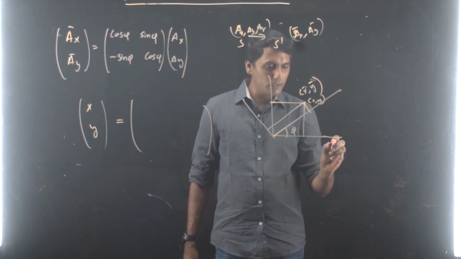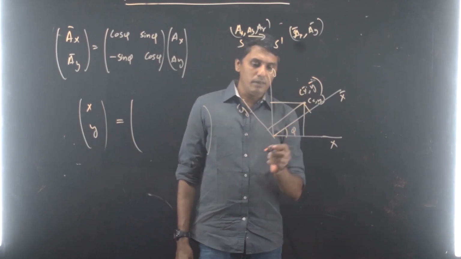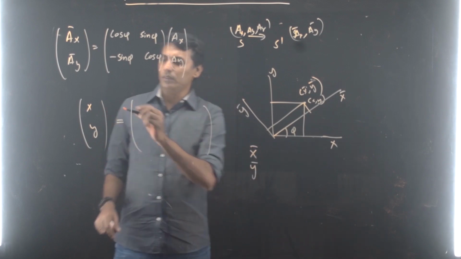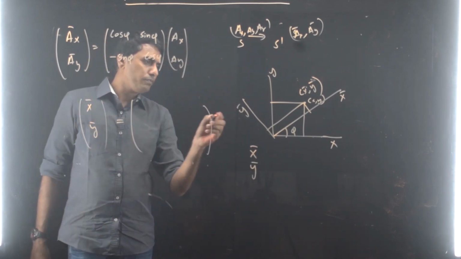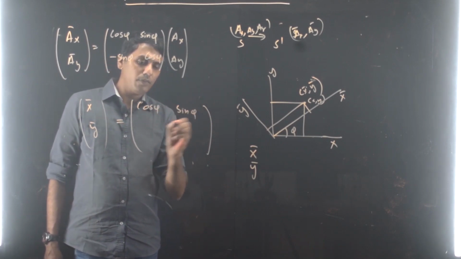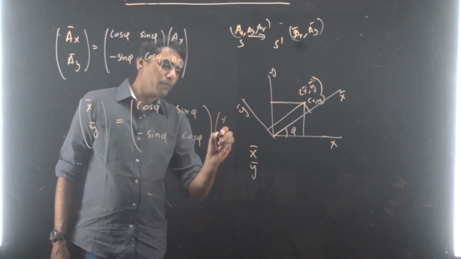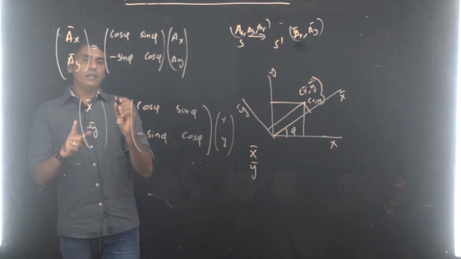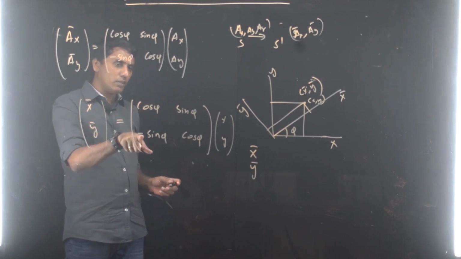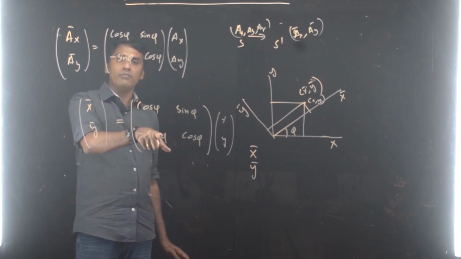The coordinates are related: x bar, y bar is equal to the matrix cos phi, sin phi, minus sin phi, cos phi, multiplied by x, y. See, now you see how the components of the vector transform and how the coordinates themselves transform, and both go in the same way, right?